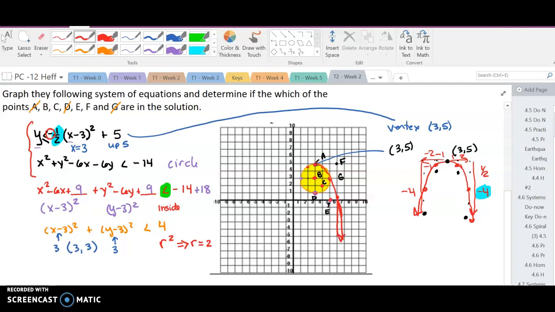Same thing on the other side, over 1 down 1/2, over 2 down 2, over 1, 2, 3 down 1, 2, 3, 4.5, because that's half of 3 squared, or 9. And again, I'm going to shade below because we are less than the graph. All my y's are less than the graph. Where is that? Well, that is everything below the graph.